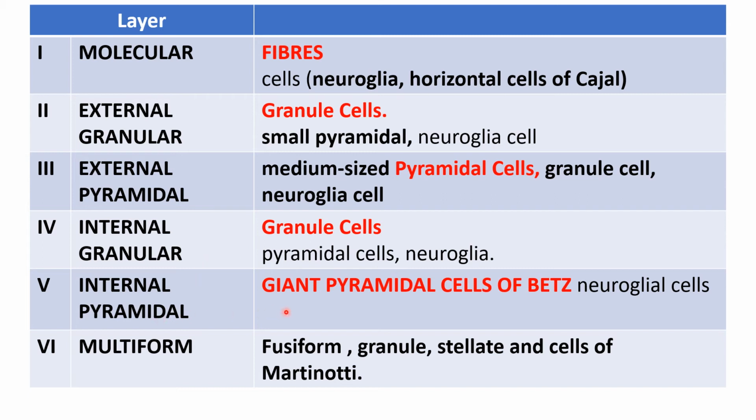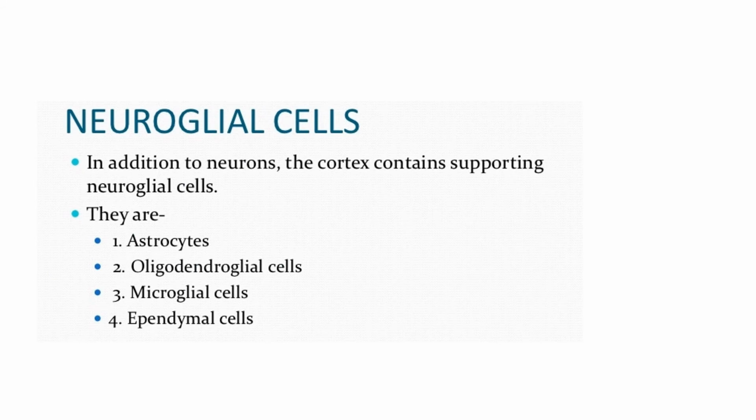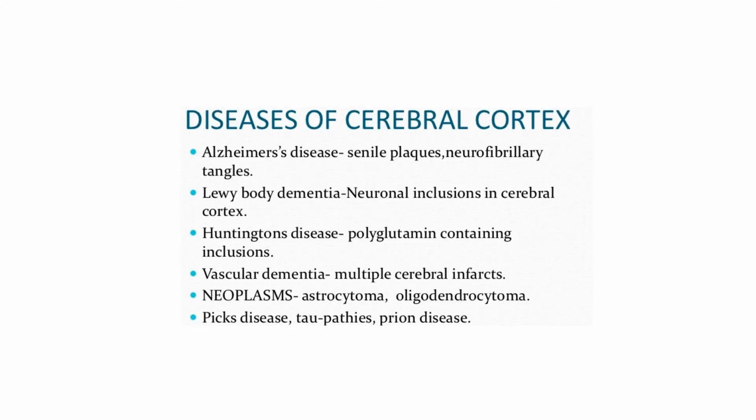You can revise it by revisiting this table, and that is how you will remember. The other components of the cortex are the neuroglial cells, which are of different types. We have already done astrocyte, oligodendroglia, microglia, and ependymal cells.